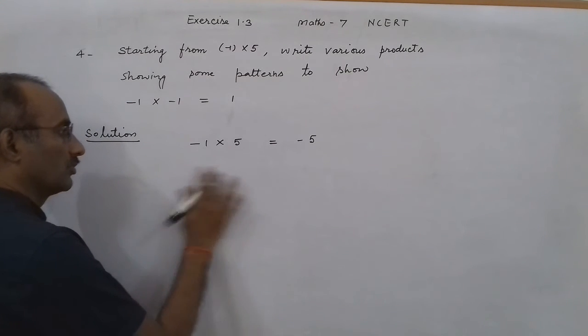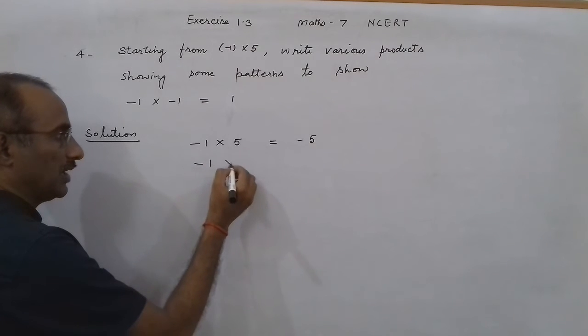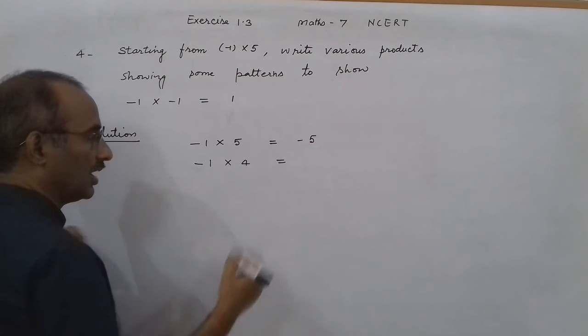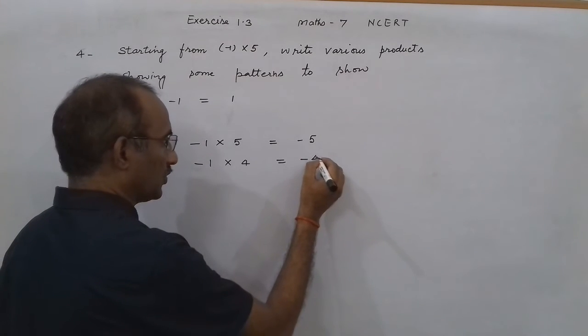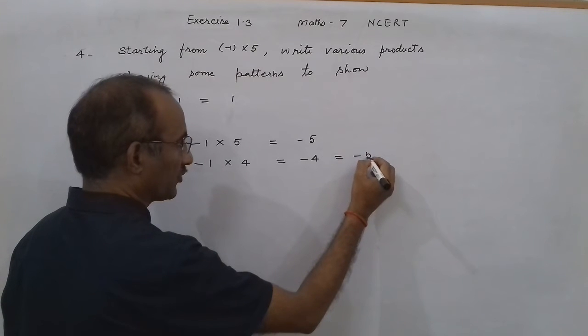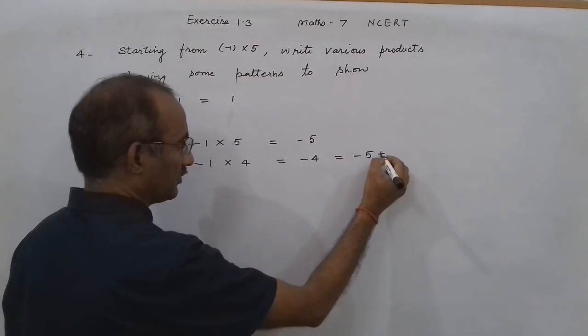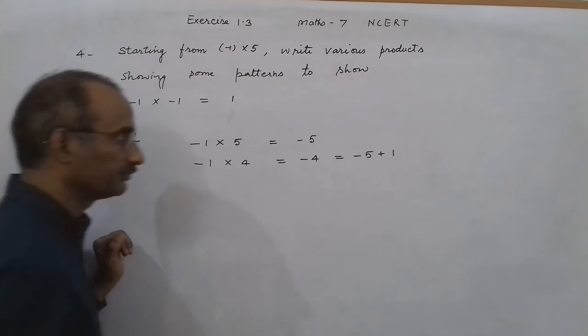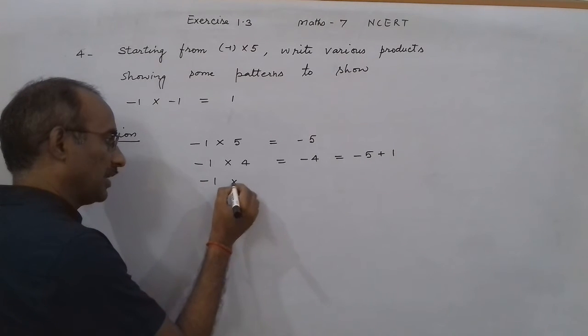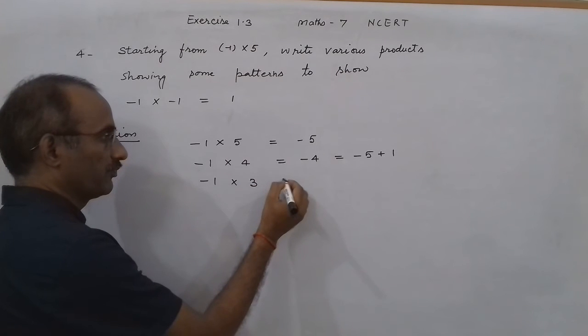Now -1 multiplied with 4. So we get here -4, and -4 can be written as -5 and +1. Now -1 multiplied with 3.